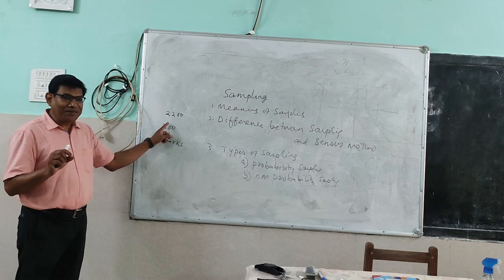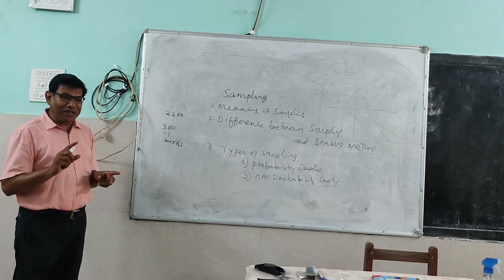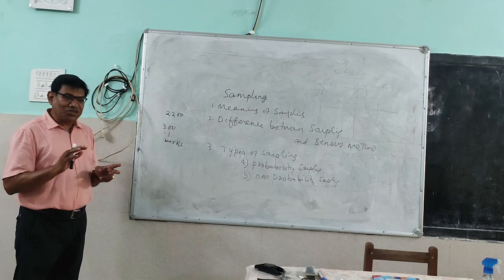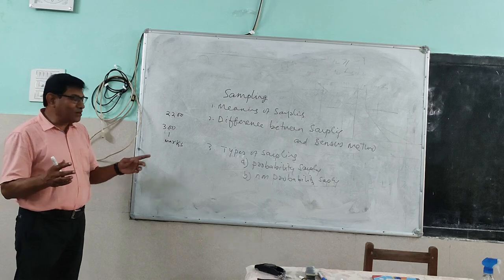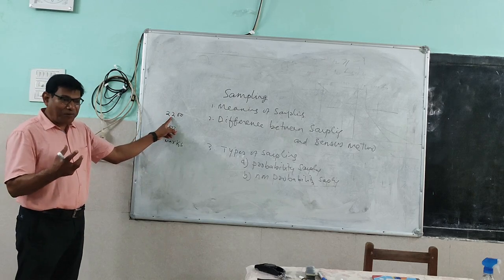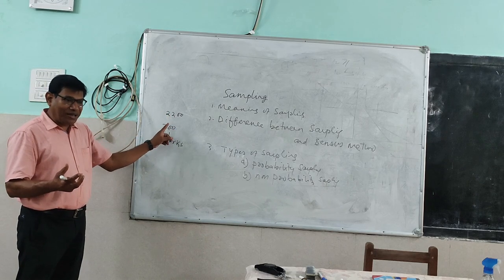So what is sampling method? Sampling method is a method of collecting data from some representative units of the whole population. Whole population means the total number of informants in the village, and we are collecting from some.